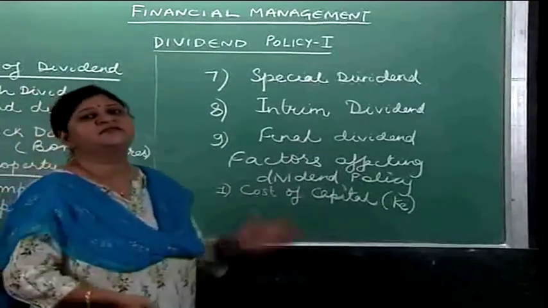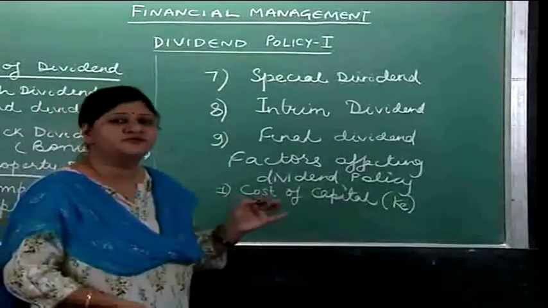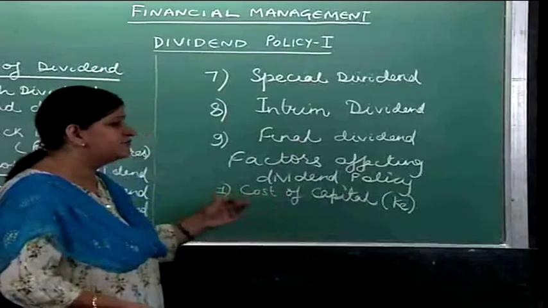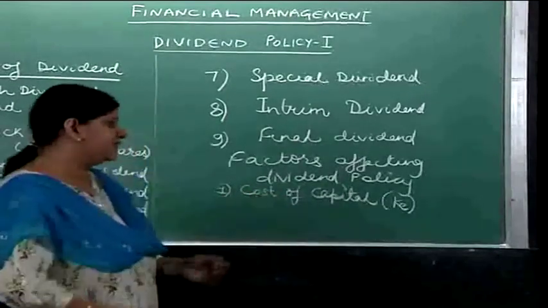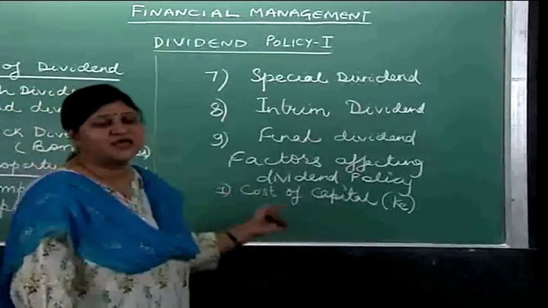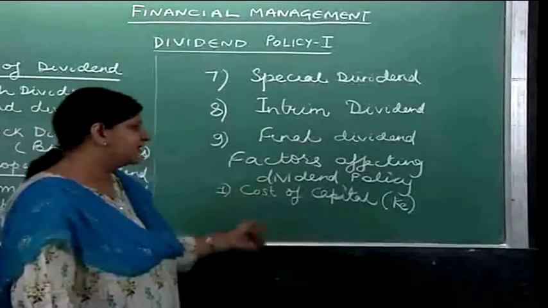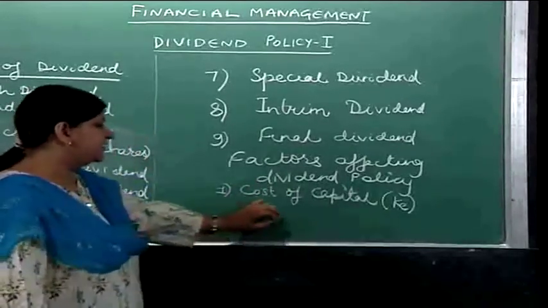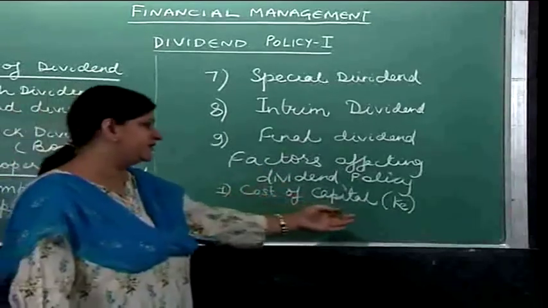Cost of capital is the minimum required rate of return which a company should fetch from the investment which an investor has put into the organization. So we can say that it's the minimum required rate of return, and it should be lower than the internal rate of return. That means the productivity index of rate of return, that means R should always be greater than KE.